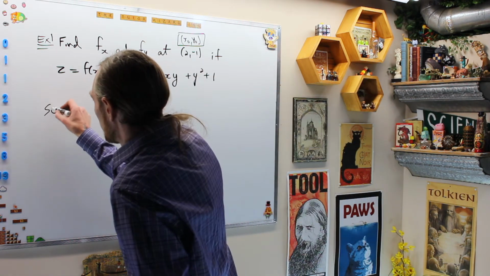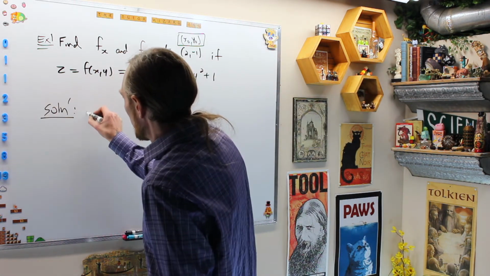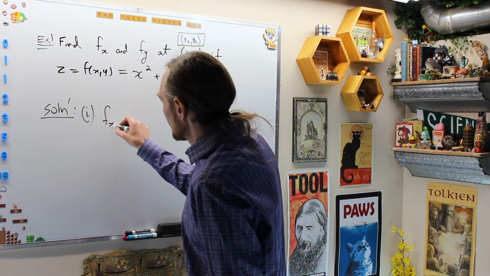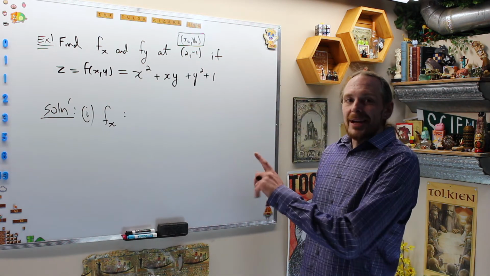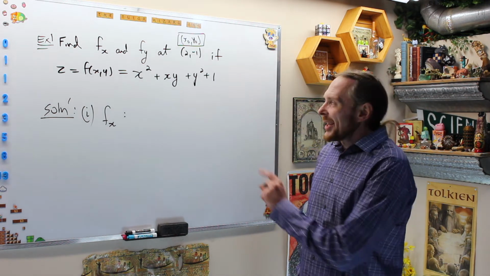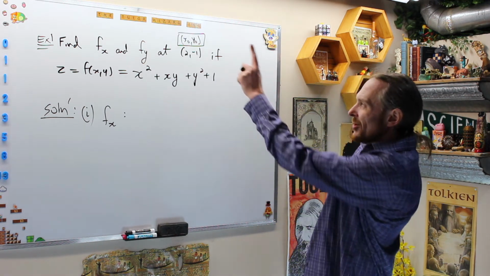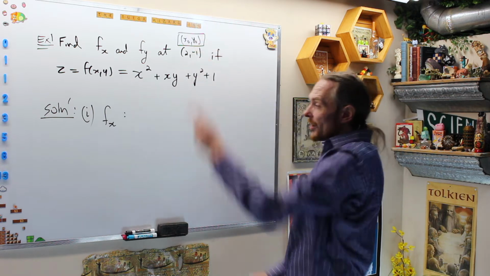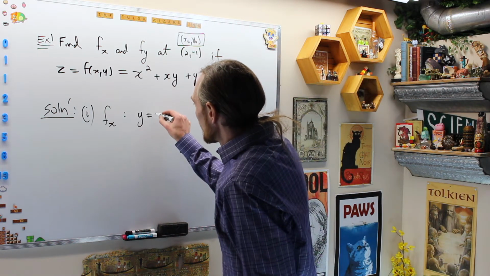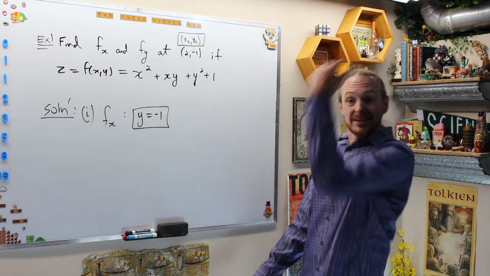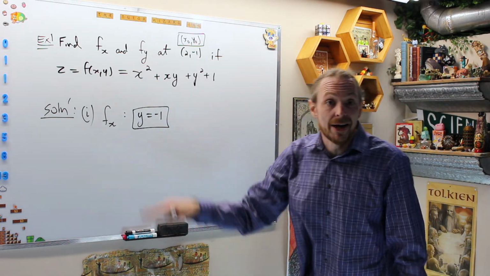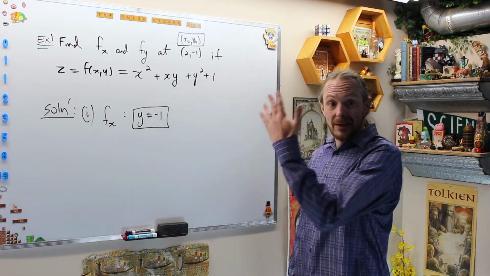Solution. First, let's find fx. What we're going to do is create a function of just x by holding y constant. Y is going to be the number -1. So we let y be -1, which is the plane that we get. That plane intersects our surface somewhere in a curve.